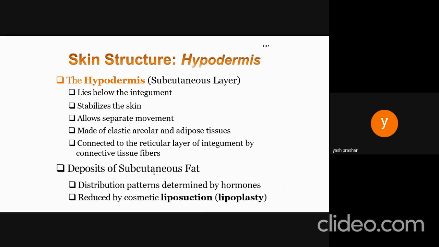Deposits of subcutaneous fat have distribution patterns determined by hormones and are reduced by cosmetic procedures, that is liposuction, where the fat content is very high. So this is the hypodermis, the subcutaneous layer, or subcutaneous fat, which lies just below the dermis.